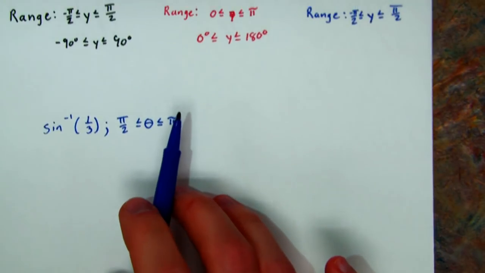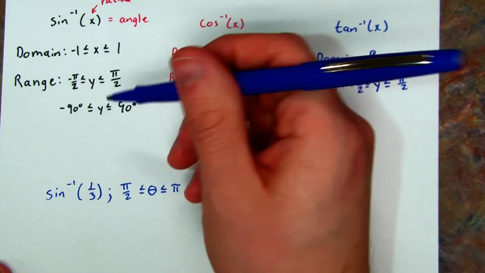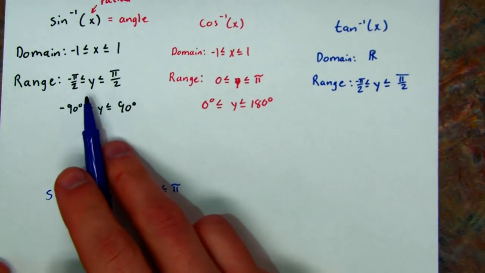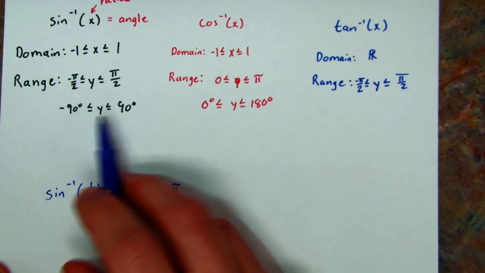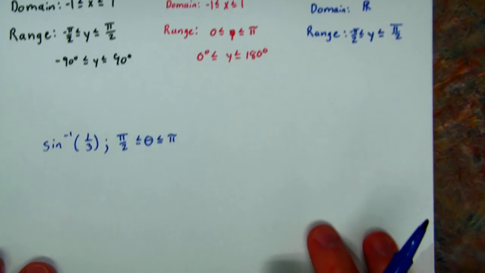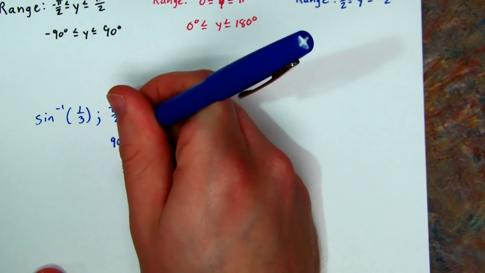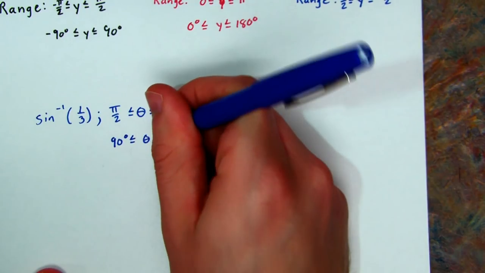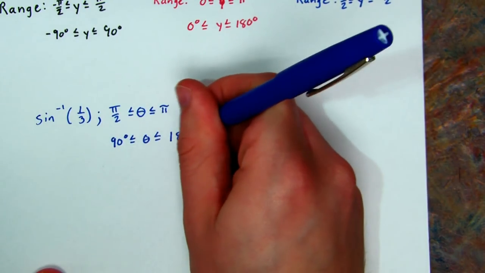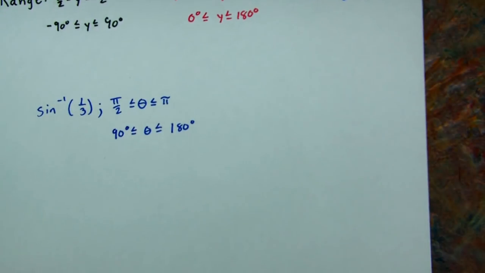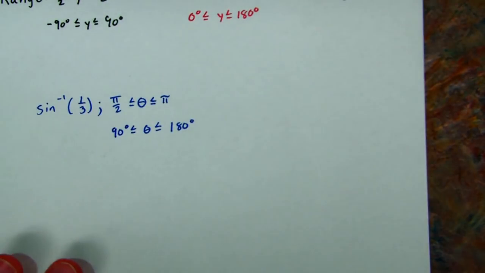Well, if I'm looking at my range, my output values, I know that sine inverse will only give me angles between -90 and +90. However, the problem here is asking me to give an angle between +90 degrees and +180 degrees. And so the question then becomes, how do I use sine inverse to find this angle?